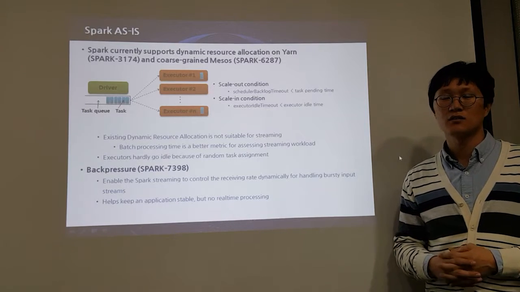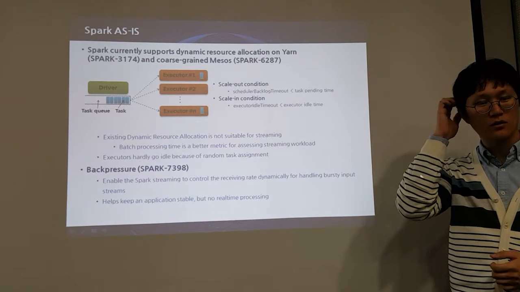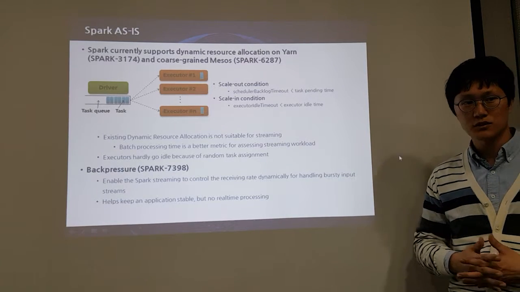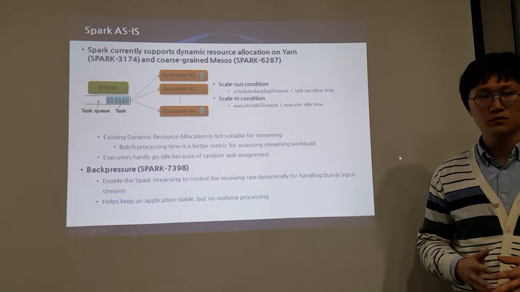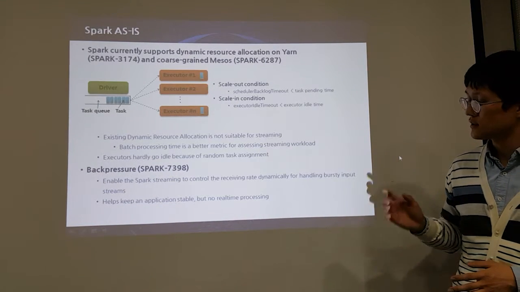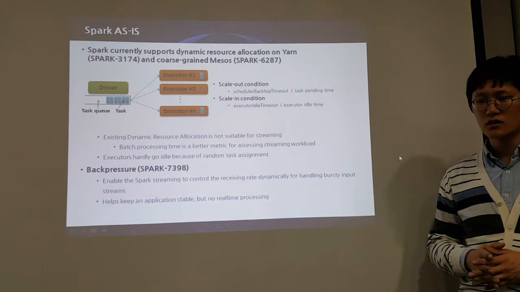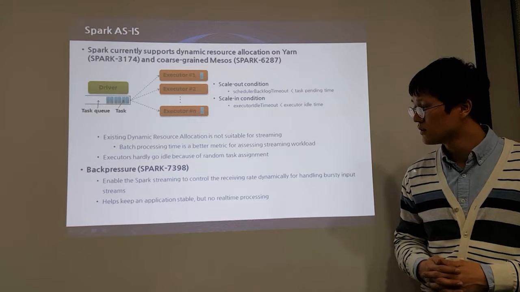But we think that batch processing time is a better metric to assess the workload of a Spark streaming application, and we think the random nature of the Spark scheduler makes scaling hard to occur in practice.